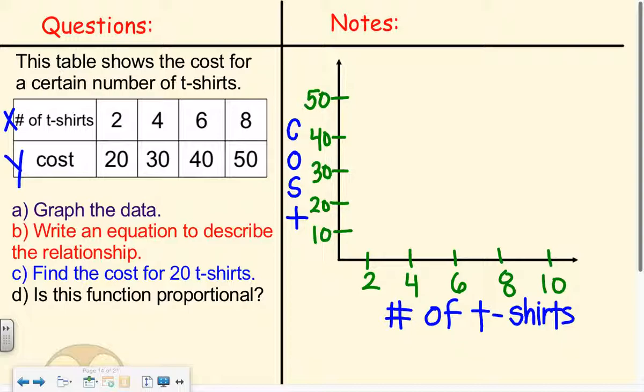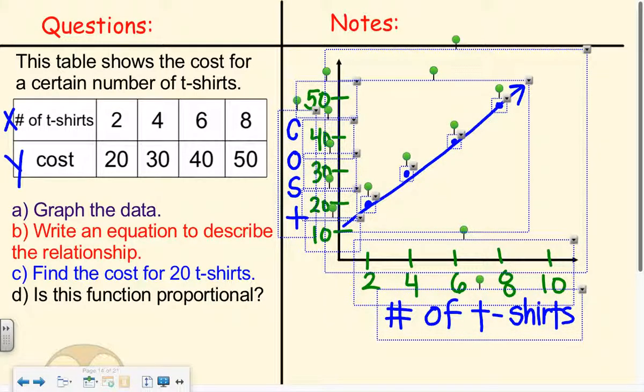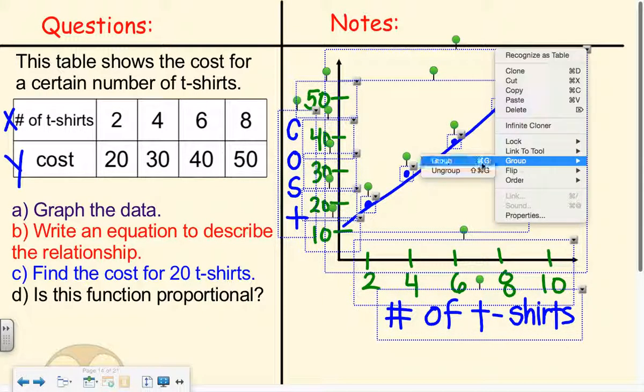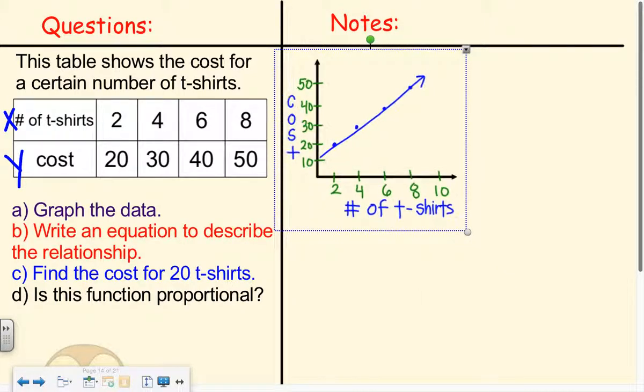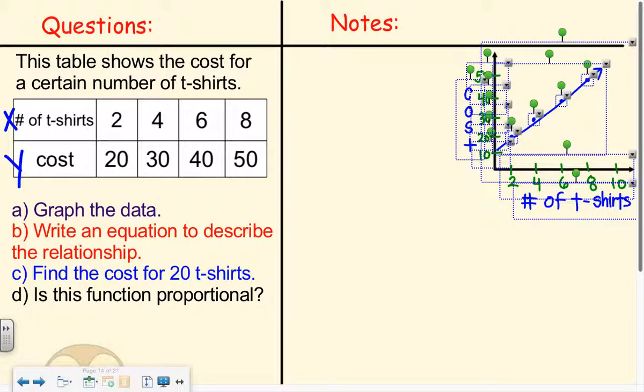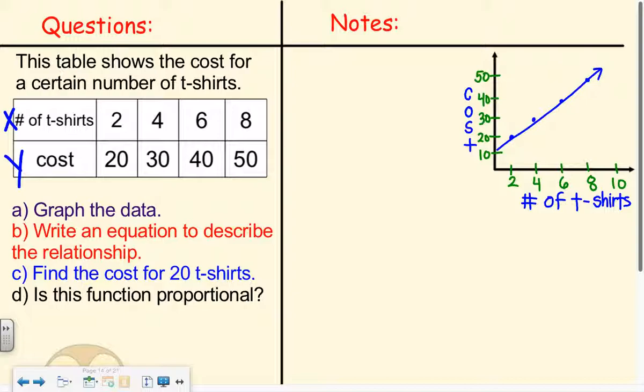So then if I graph my 4 ordered pairs, (2, 20), (4, 30), (6, 40), and (8, 50). So if I connect those, there is my line. So I am done with part A.